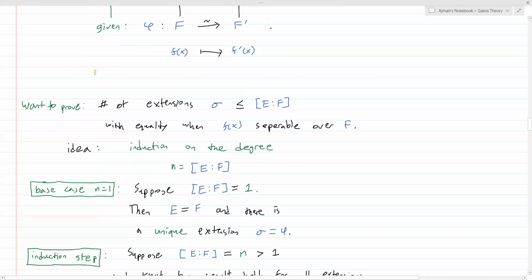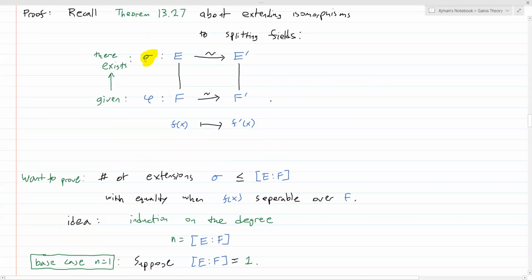What we want to prove is that the number of possible extensions sigma between the splitting fields, this isomorphism, is bounded above by the degree of this extension. And the number of extensions is actually equal when f of x is separable over F. Okay, so it's kind of weird.